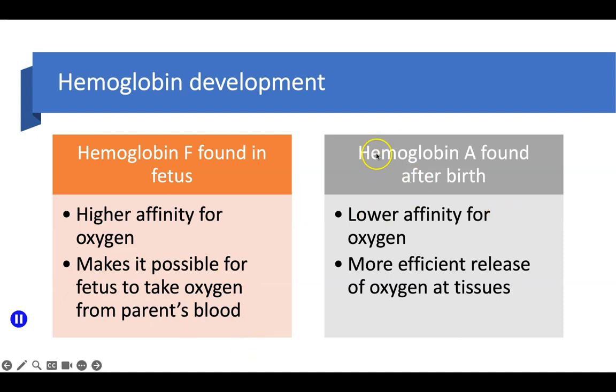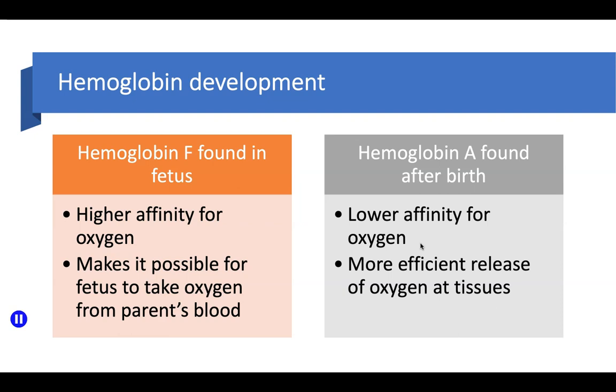After birth, there's a different form of hemoglobin. So you can see the fetal hemoglobin is called hemoglobin F, and the adult hemoglobin, or really it's the post-birth hemoglobin, is known as hemoglobin A. And so after birth, the hemoglobin A begins to be formed, and the hemoglobin F typically disappears. Hemoglobin A has a lower affinity for oxygen.